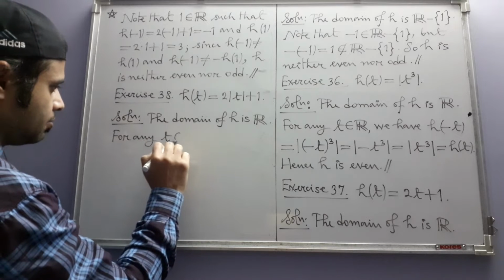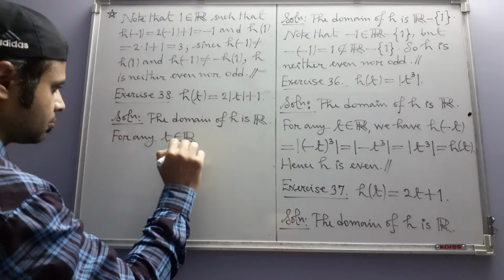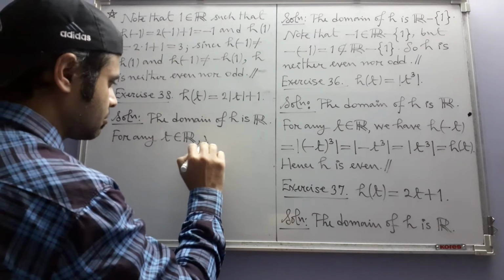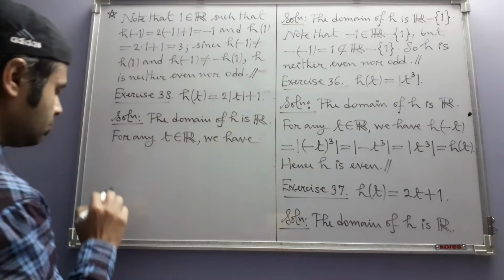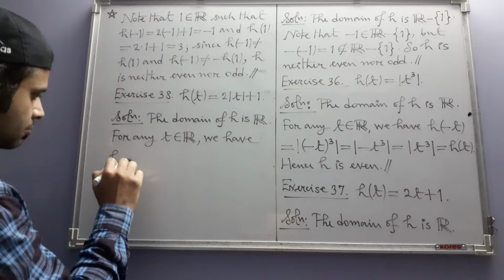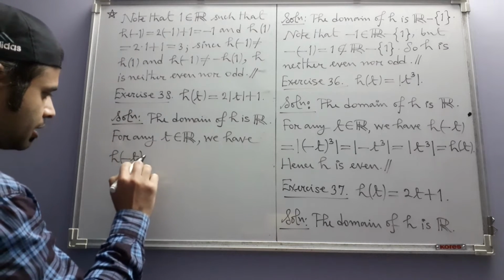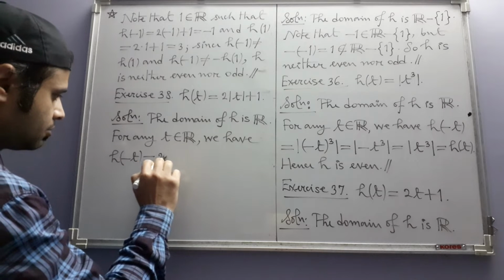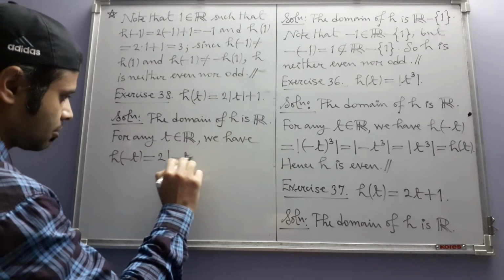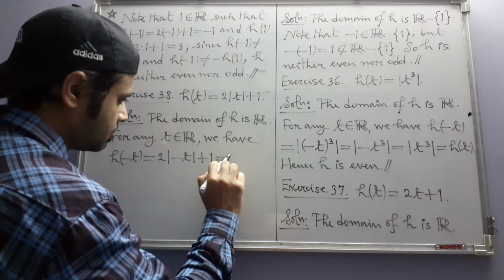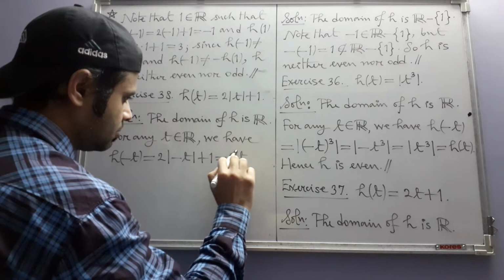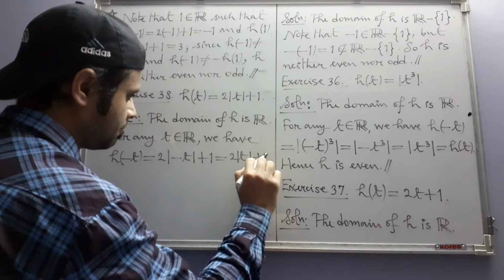For any t belonging to the domain we have h of minus t equal to 2 times absolute value of minus t plus 1, which is 2 times absolute value of t plus 1.